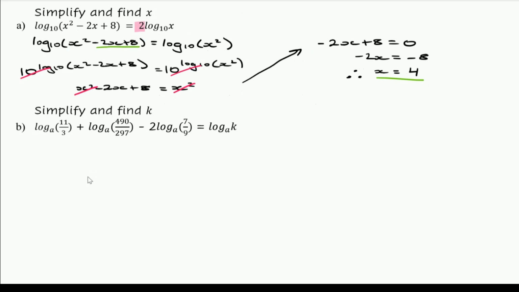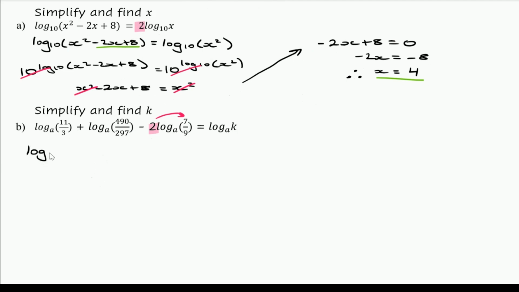Now let's have a look at our very last example, and again it's asking us to simplify and find k. So for this first one, I am going to use log law 6 yet again, where I'm going to put this 2 back into this parentheses here.